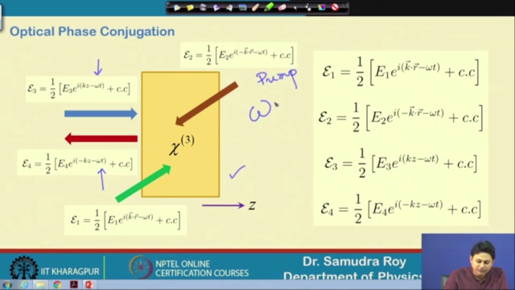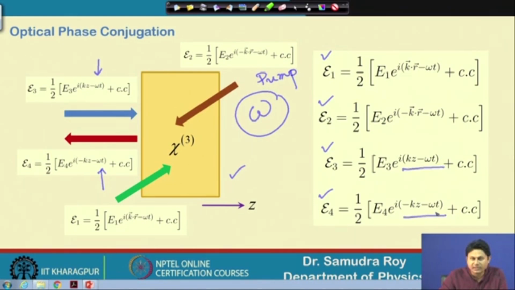As I mentioned, the frequency is the same for all the cases, only the directions are different. Here on the right hand side all the 4 waves are written: E1, E2, E3 and E4. E3 and E4 are moving in the z direction, so that is why they have the plane wave structure. E1 and E2, which behave as a pump, are moving in some arbitrary direction, say r.